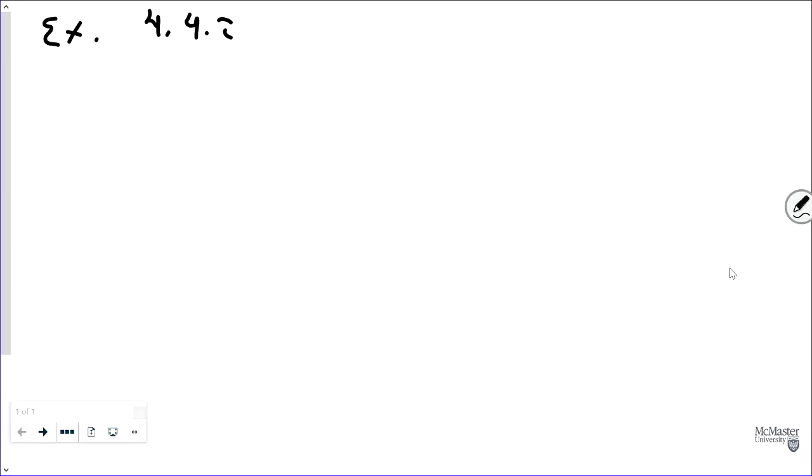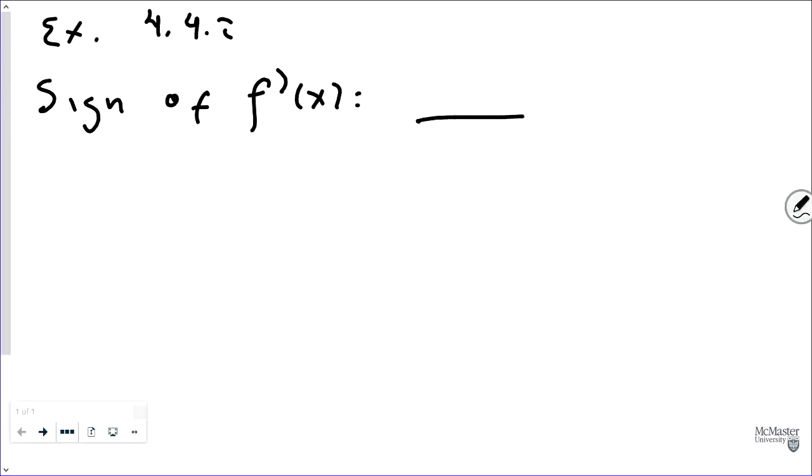In any case, we had plenty of information from last lecture where we considered the sign of f prime of x. And if we remember, we had an interval where, if I consider the sign, here it was positive, here it was negative.